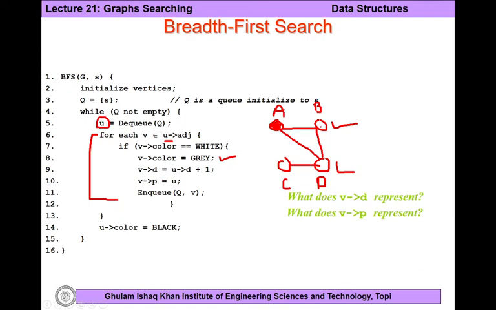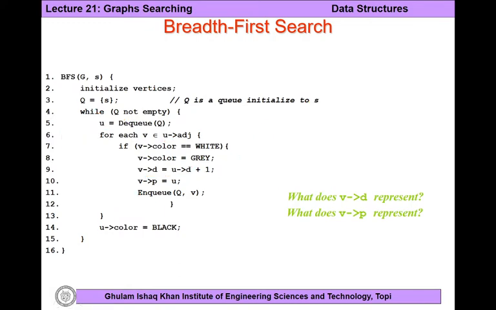So here this node and this node will be colored gray, and the distance information, like here this is distance information will be 0, here it will be 1, incremented from the parent, and a pointer will point to these nodes, right? And then these two nodes will be enqueued into the queue, and similarly this process will continue.